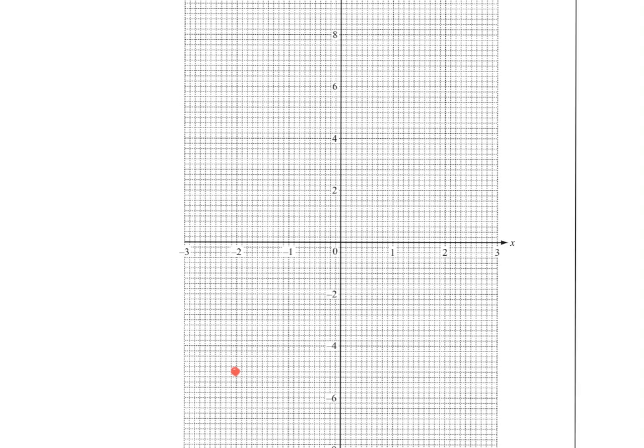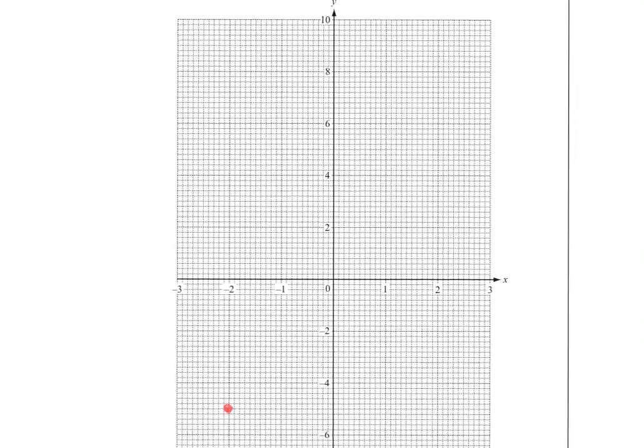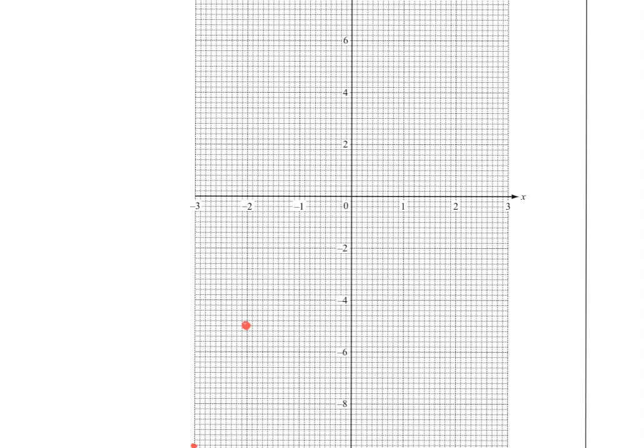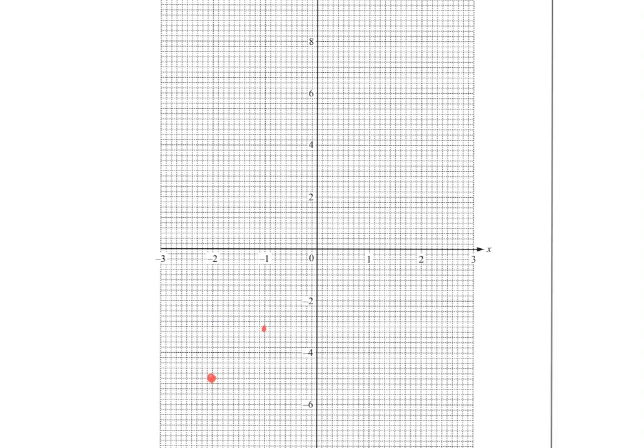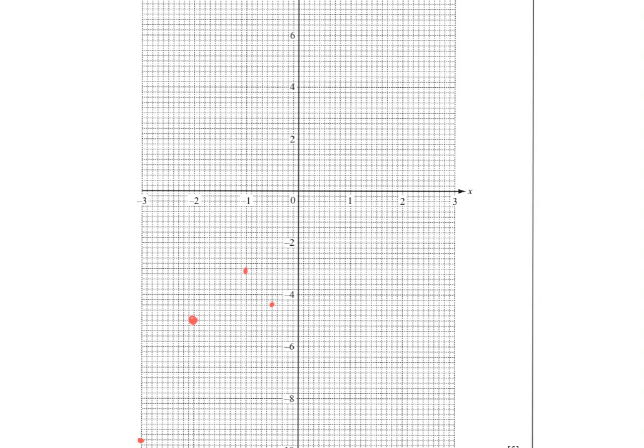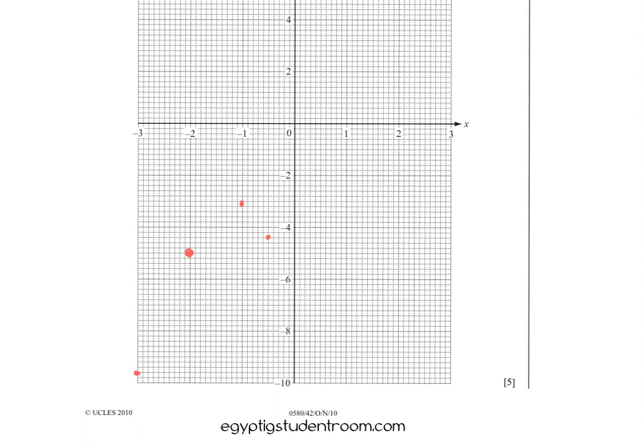Next, negative 1, negative 3. Next, negative 0.5, negative 4.25, approximately negative 4.3, approximately this one. Negative 0.2, negative 10. This is the point.